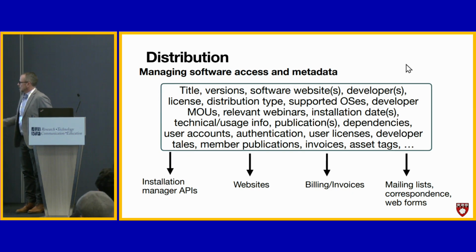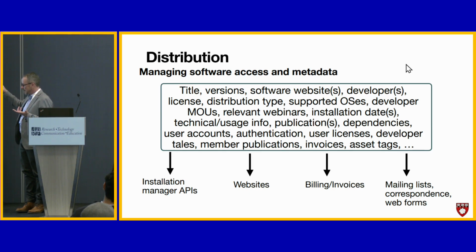Managing software includes a lot of different metadata, and we struggle to maintain all of this. So you need title, versions, the websites, the developers' names, the license, the distributions, OSs, our relevant MOUs with all the developers, the webinars we've done, the date we've installed it, any usage info for users.